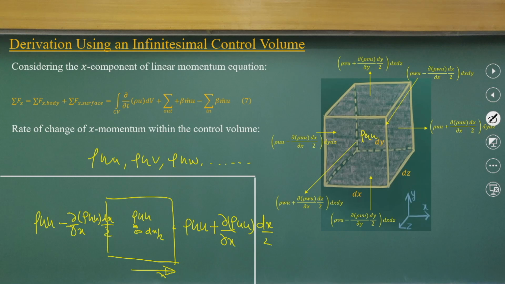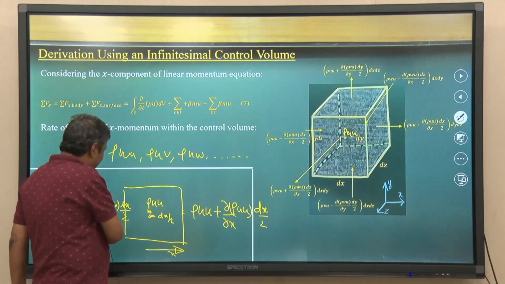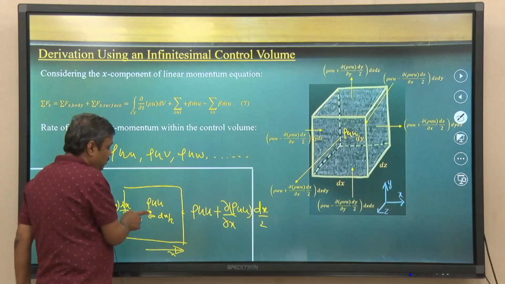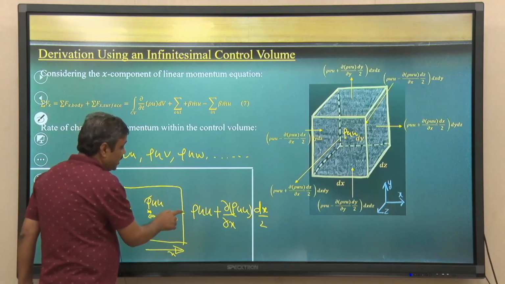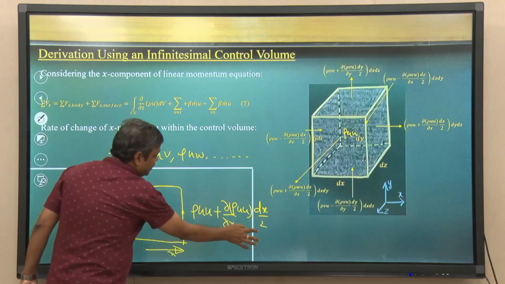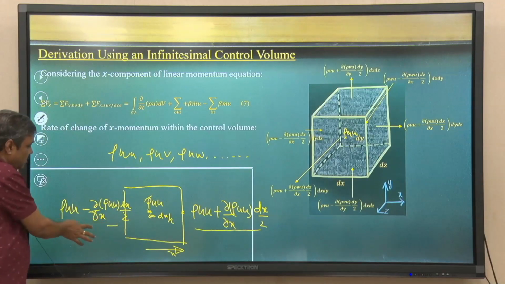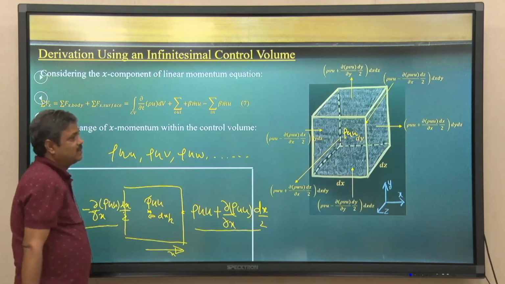So for this control volume, if I do not look at it fully in 3 dimensions, just to simplify it in a 2 dimensional way, if rho uu is a continuous function at the centroid point, the first 2 terms of the Taylor series will explain what the value will be at this surface as well as at this surface.